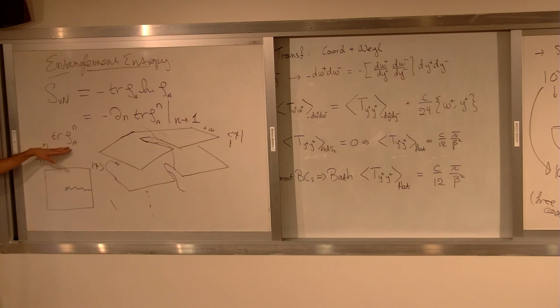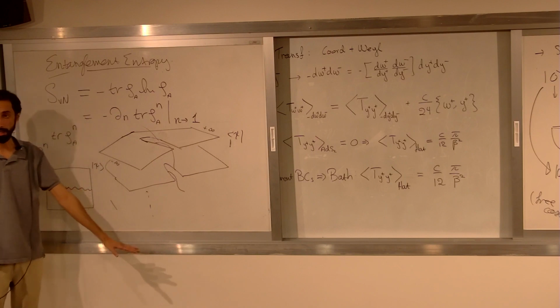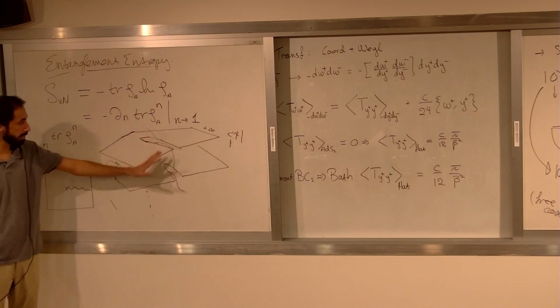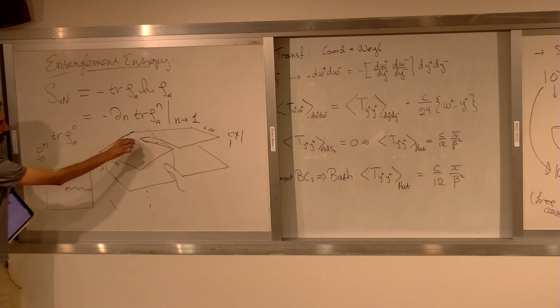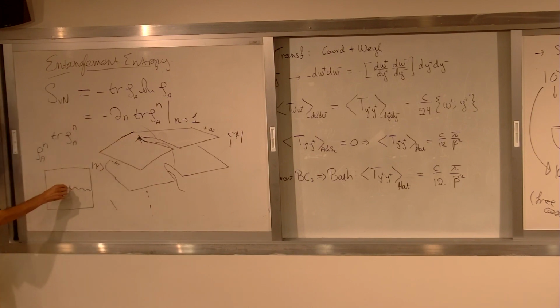This trace rho A to the n is the partition function of the theory evaluated on this manifold. Okay? This manifold I can represent by this quotient picture, where this point here is supposed to be this point. I need to go around this point n times in order to come back to the same location.